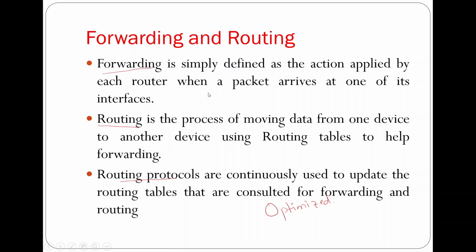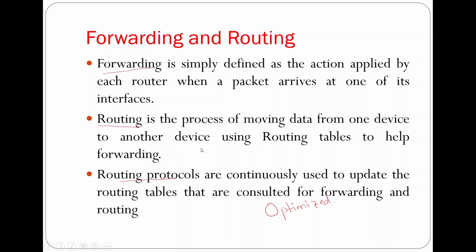So in computer networks, whenever a packet arrives at the network layer, the forwarding table will be there. That table will make sure that the packet will move from one interface to the other interface. All this will happen with the help of routing techniques. Routing is the process of movement of data from one device to the other device.